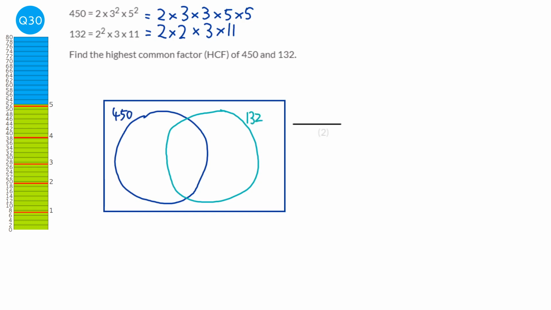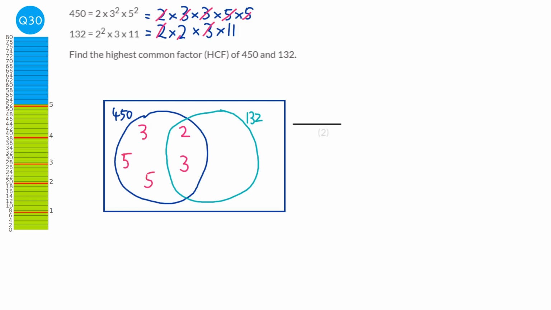So we'll start with the 450 and the numbers. Looking at the prime factors at the top, we can see they both have a 2 in them, so I cross them both out and put 2 in the middle. We can see they both have a 3 in them, so cross those 3's out and put 3 in the middle. And then 450 has a 3, a 5 and a 5.